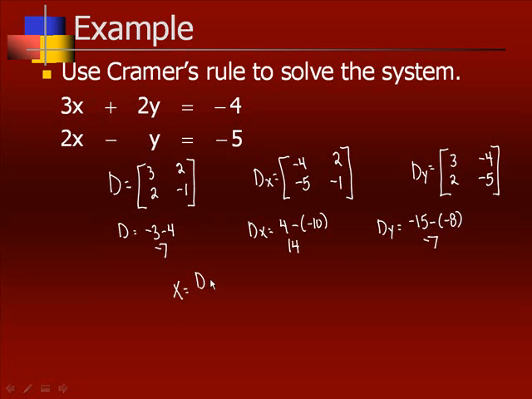Now, one more step. X is dx over d, which would be 14 over -7, which is -2. And y would be dy over d, which would be -7 over -7, which is 1.